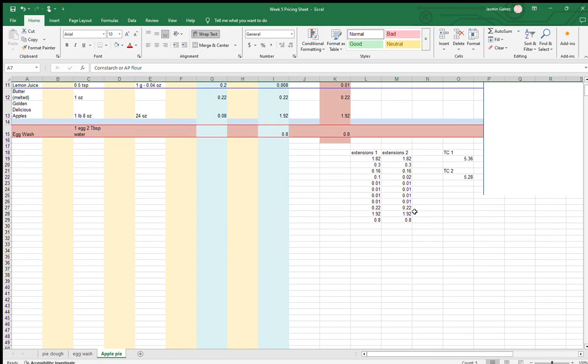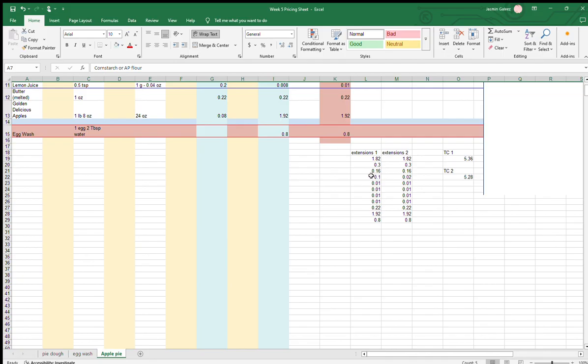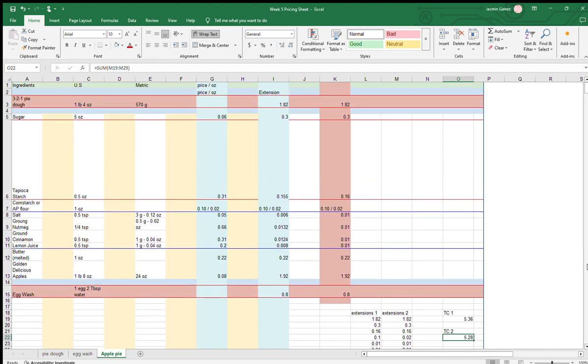Total cost 2, we used the AP flour, as can be seen here, 10 cents and 0.02 cents. Total cost 1 gives you $5.36 to make 1 apple pie. And total cost 2 gives you $5.28 to make 1 apple pie. And there you go, that's how I did the conversions.